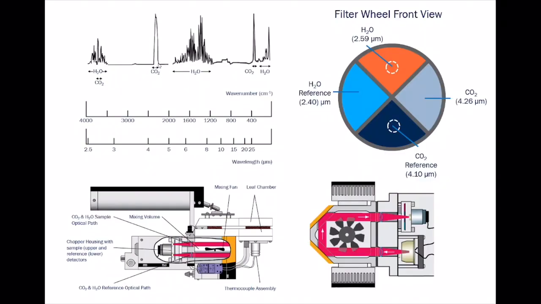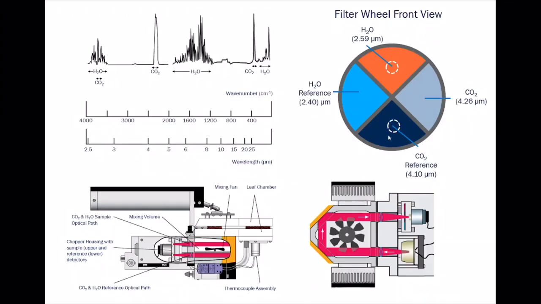If we can measure the amount of light received in that peak versus the amount of light received in a peak just before, we can measure the CO2 concentration in the airstream. We do the same thing for water vapor. We measure the amount of infrared light absorbed in that band versus a band very close but not in the same absorbing band, and from that we can calculate the amount of water vapor in the airstream.